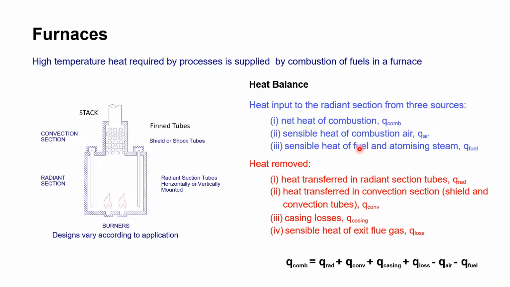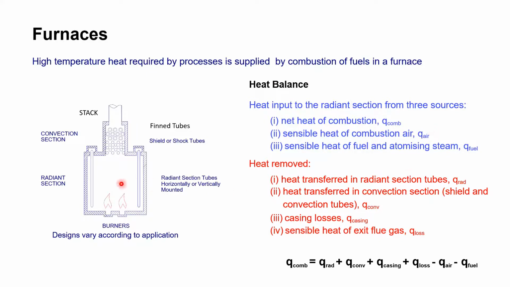The next one is the sensible heat of combustion air. Basically, the air that comes in also carries a certain amount of energy. Another one is the sensible heat of the fuel and atomizing steam. The fuel that comes in also has sensible heat, which is basically its temperature. So by which routes is heat taken out of the system?